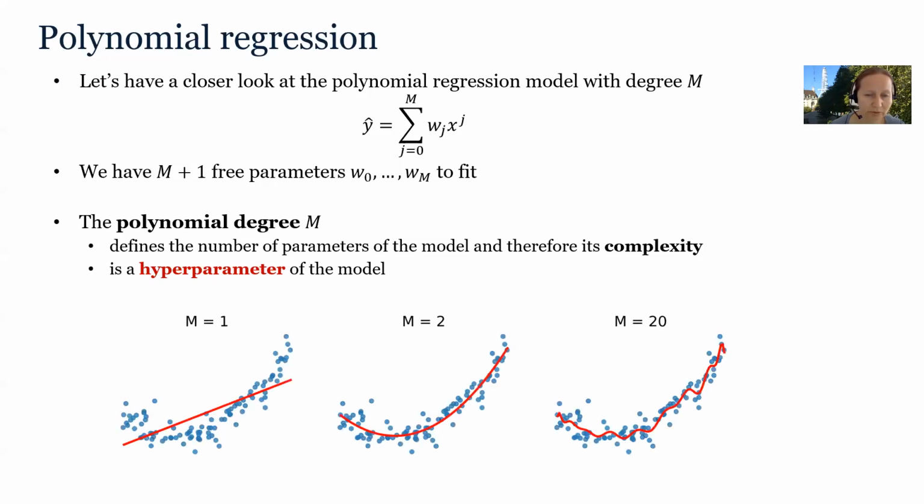So let's have a look at how the complexity of the polynomial model looks in a fit of polynomial regression. If we look at the polynomial regression of degree 1, which is a linear regression, what do you think? Is this linear model underfitting, overfitting, or is it just right?